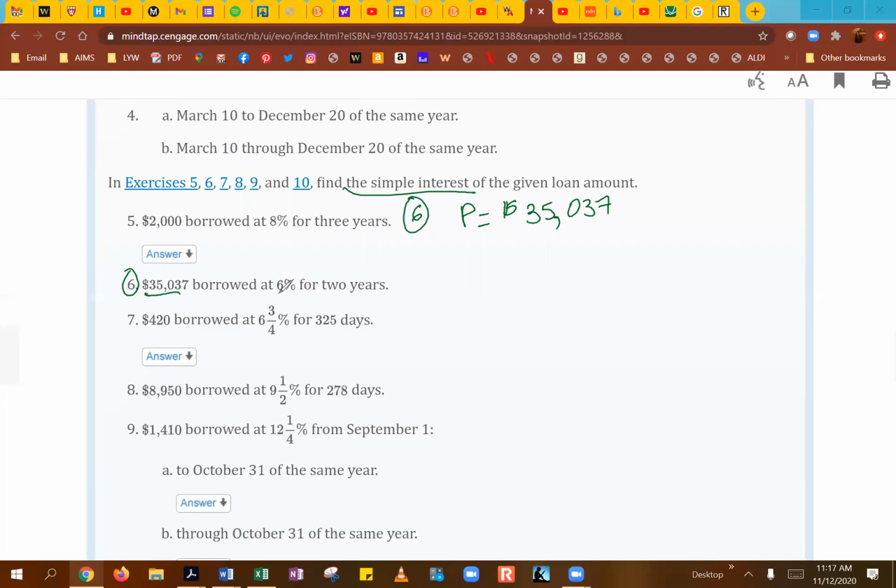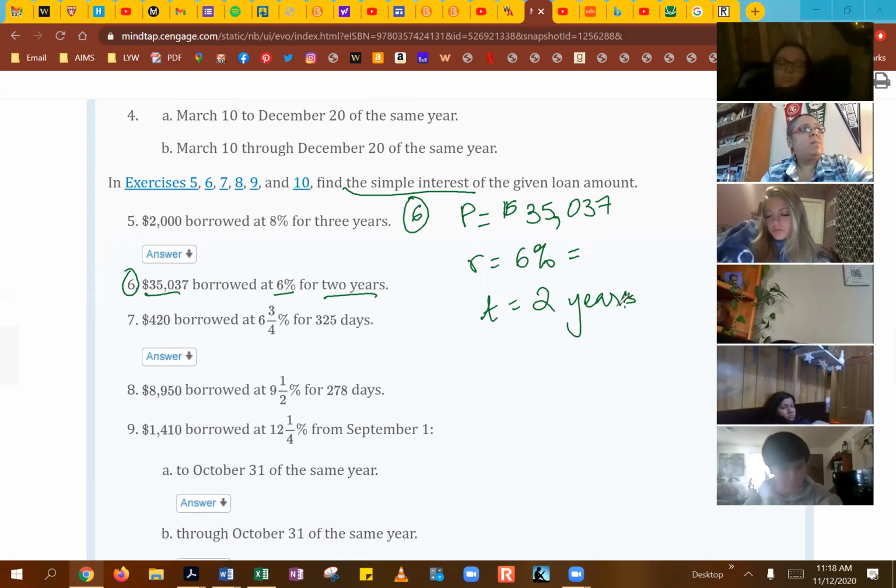The rate of interest is 6%, so we'll convert that into a decimal. And the time is 2 years. Since our time is already given in years, we don't have to change anything on that. So can you tell me first what that 6% as a decimal is going to be?